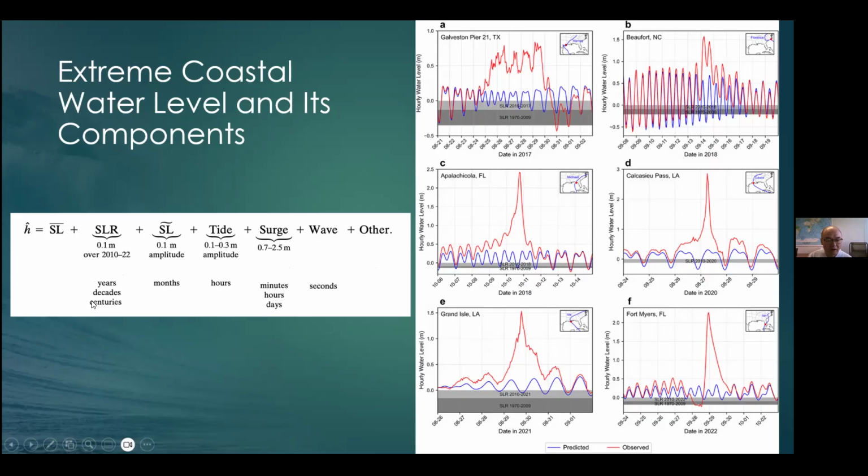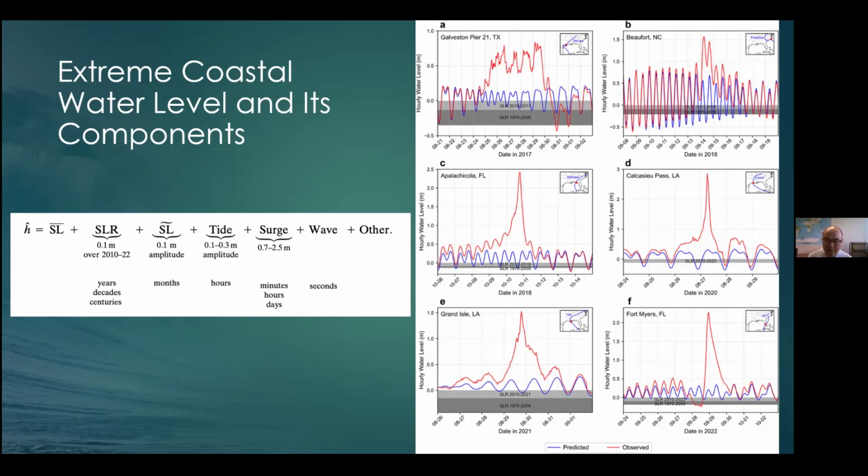And also different terms operate on different time scales, right? So from centennial, decadal, monthly, hourly to minute, right? So different time scales of different terms.